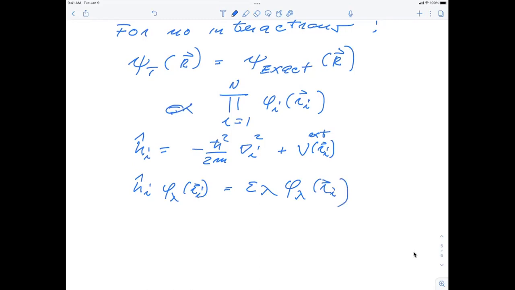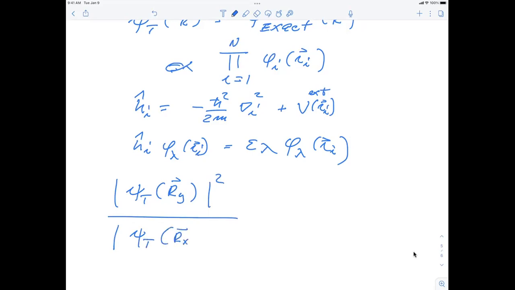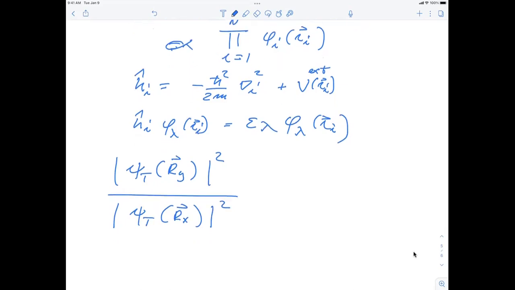If we have that, then we know that the trial wave function is just the product of single particle wave functions. So this means now that when we look at the ratio, ψ_T in a position which we call y, for the many particles, this is a new position. And then we have to square it and divide by the previous position, which we call x for all the particles. So what we have then would now be the product of all these single particle states.